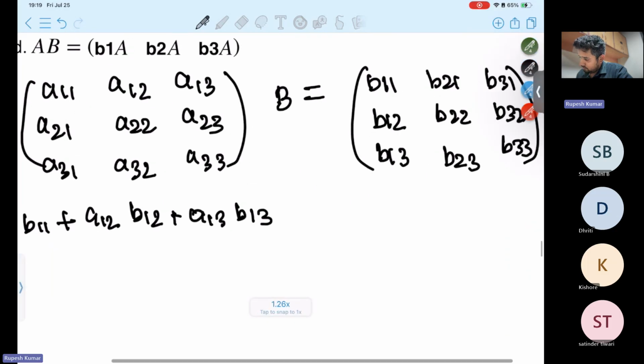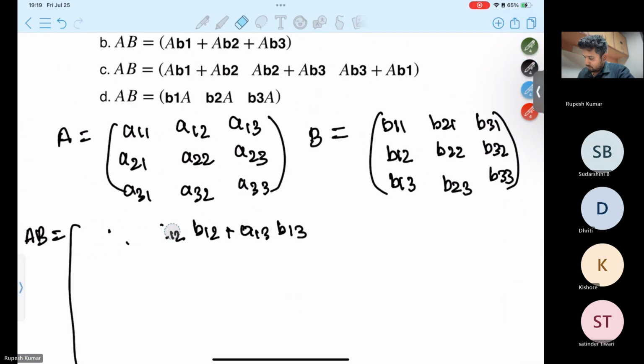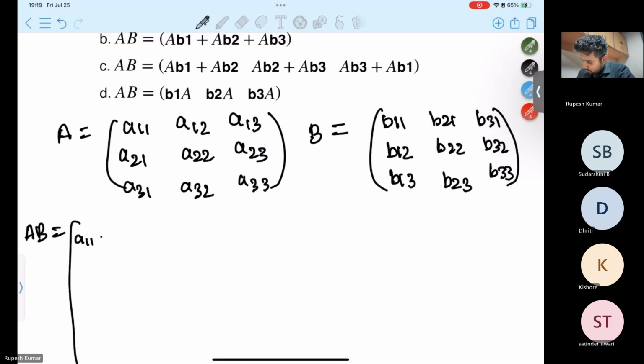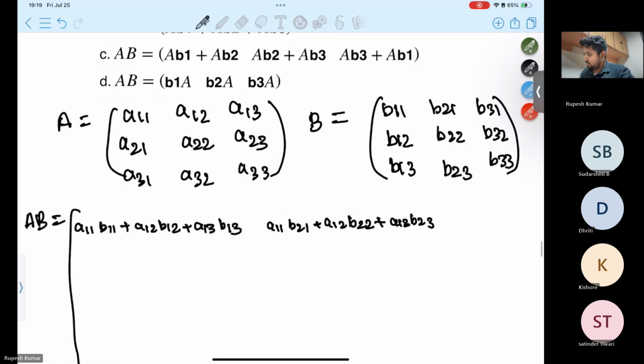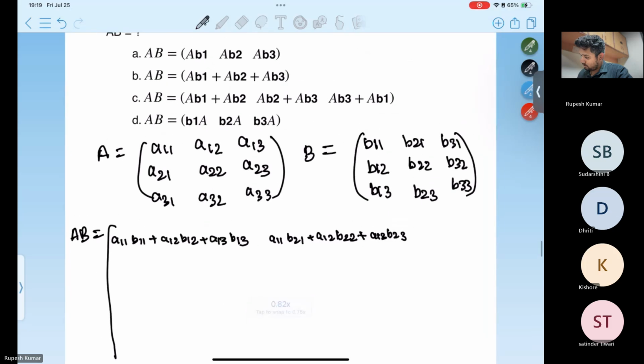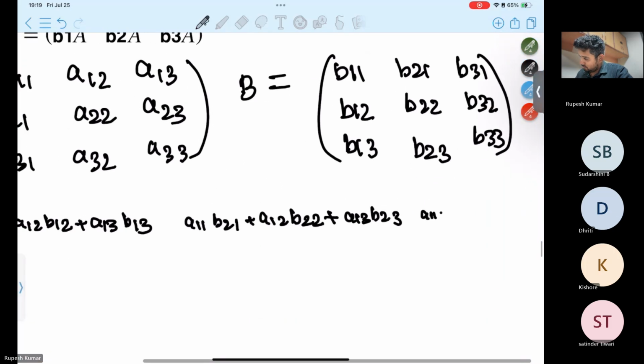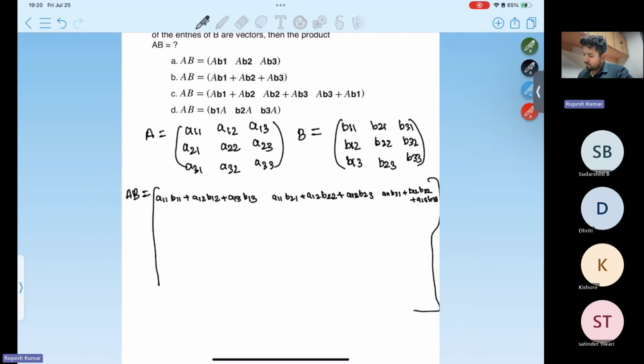Space is too small. Fine. So this is the first row of the product, right?